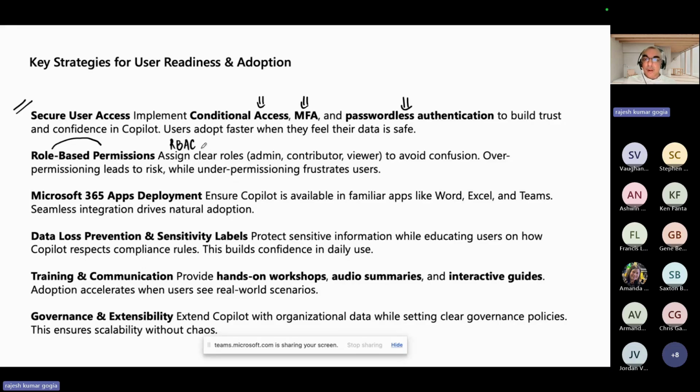Why? Because this again comes as part of the zero trust principle. In the zero trust principle, we say least privileged access. Or you can easily remember it with the short form LPA, least privileged access. This relates to RBAC.